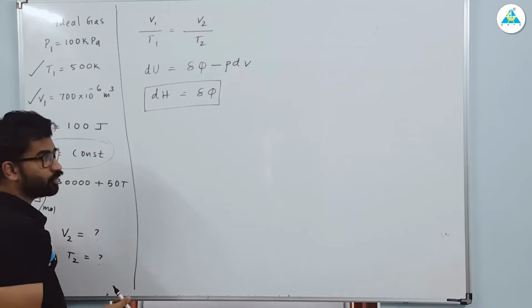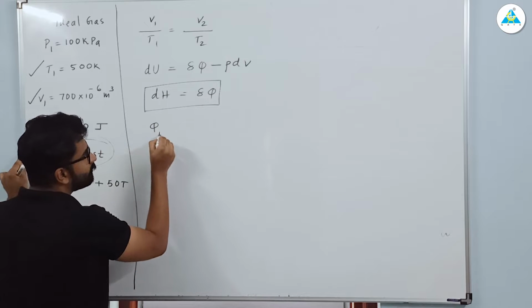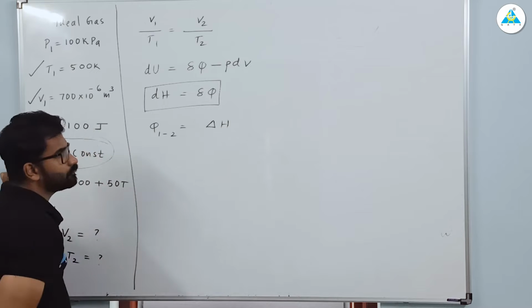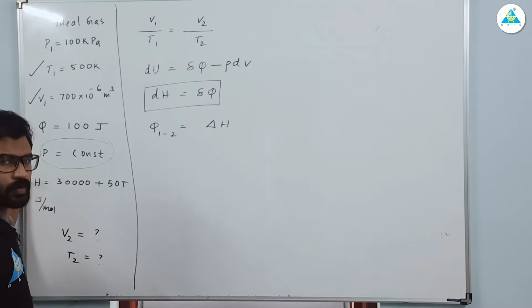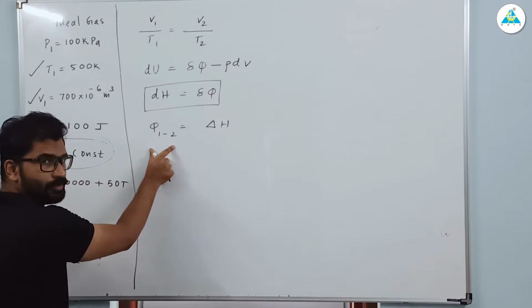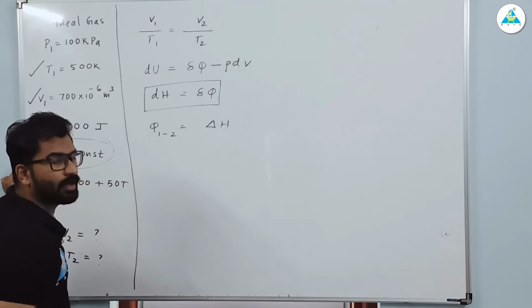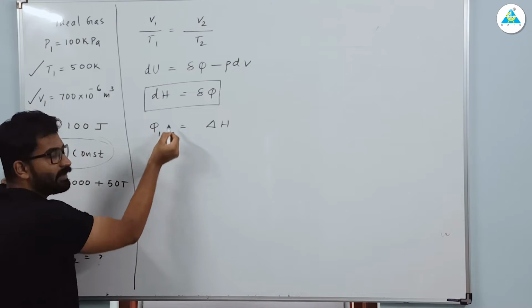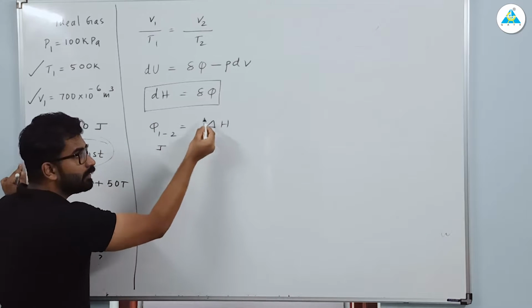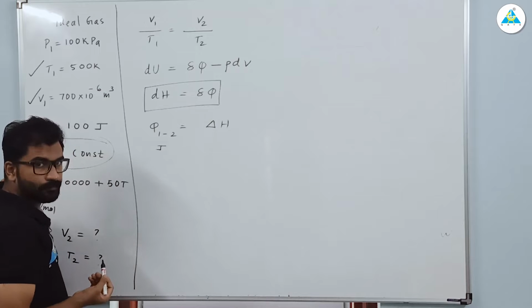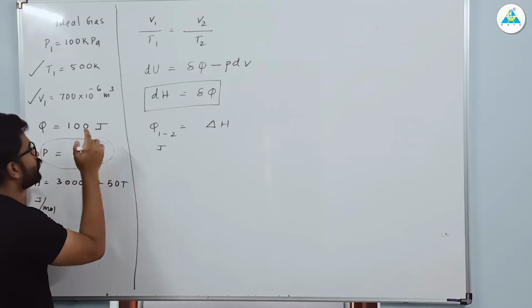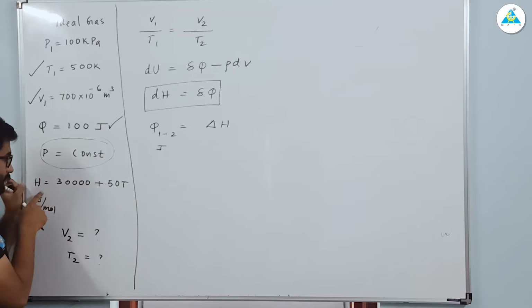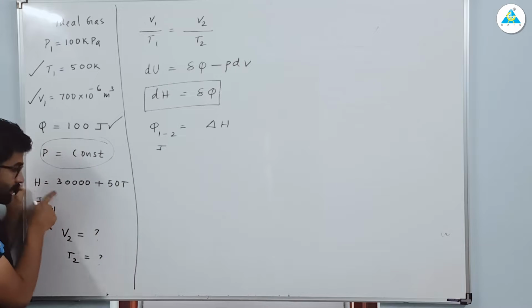For a process 1 to 2, if we integrate, the total heat transfer is equal to delta h, right? लेकिन आपको याद होगा, if you are substituting heat transfer value in joule, the right hand side also should be in joule. अगर heat transfer value joule पे दिया है, 100 joule, the right hand side should also be in joule. लेकिन the right hand side delta h और h is given in what?